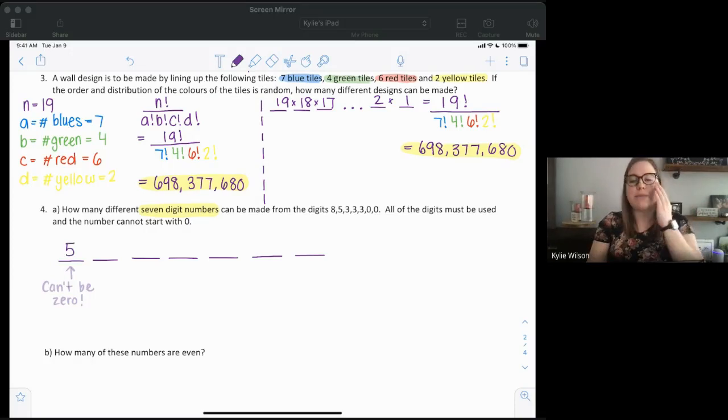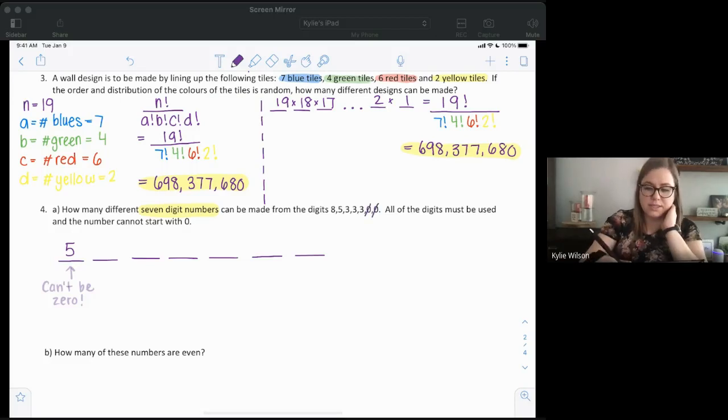When I'm putting together my options in the box technique, I don't worry about the identical elements, just count how many elements are there. So it can't be 0, so I eliminate the zeros, but there are still other numbers. Even though 3 are 3s, we're not going to worry about that until the end. Then for my next spot, I have already used up one of the numbers.